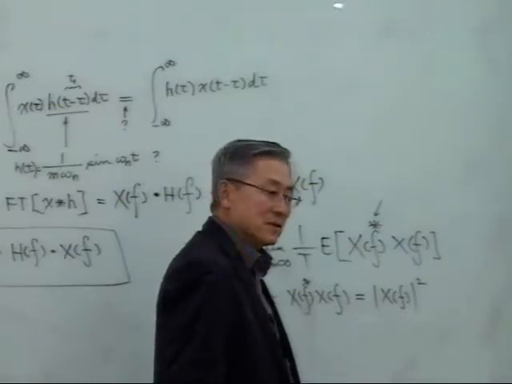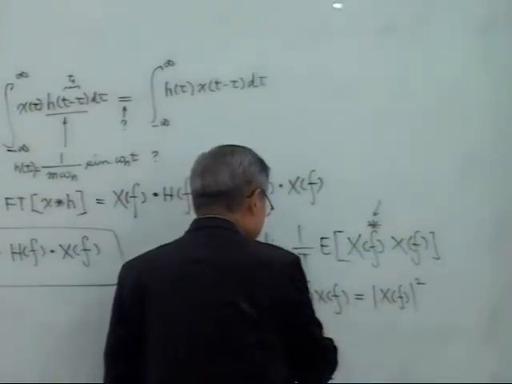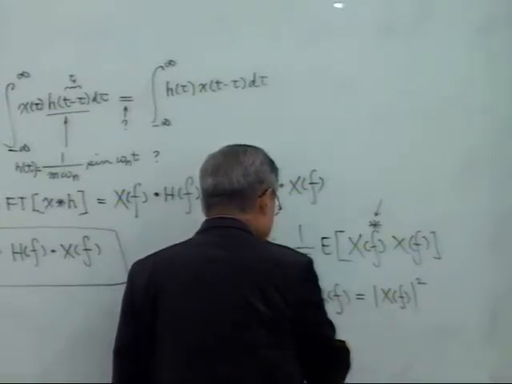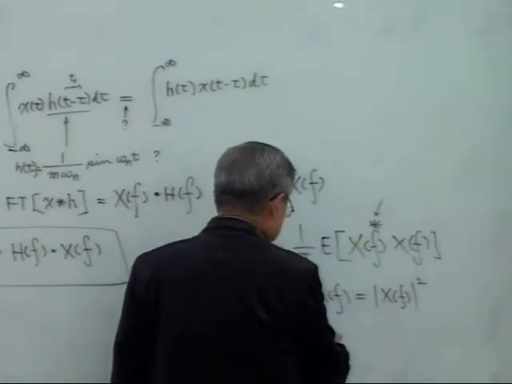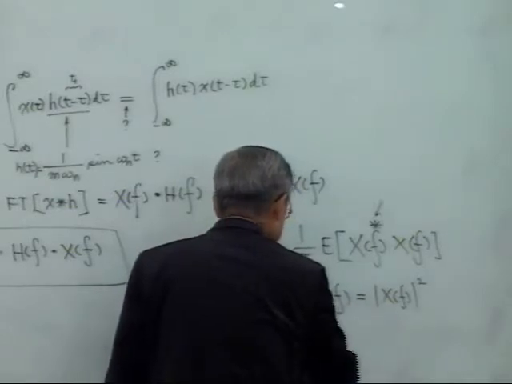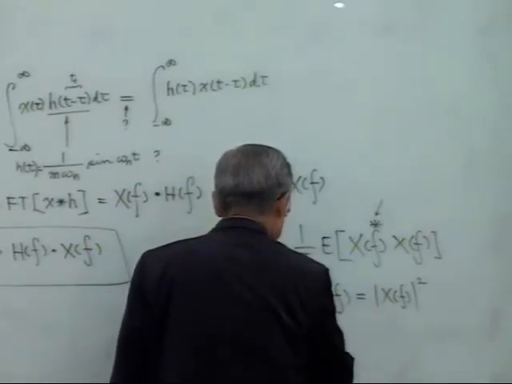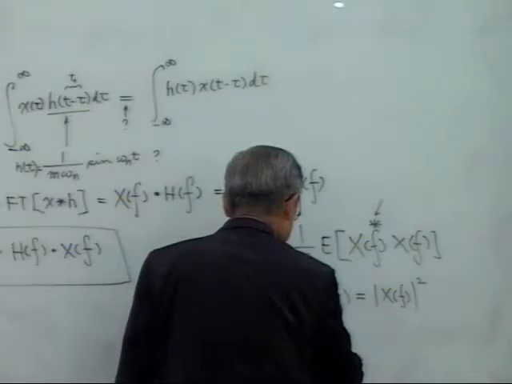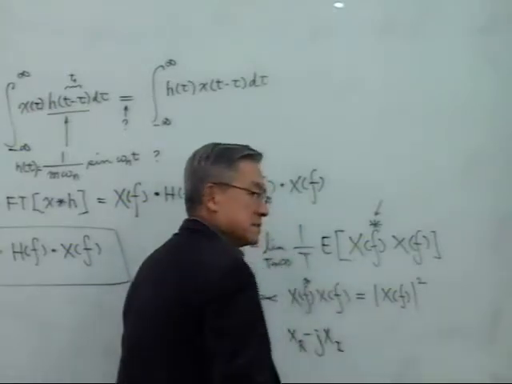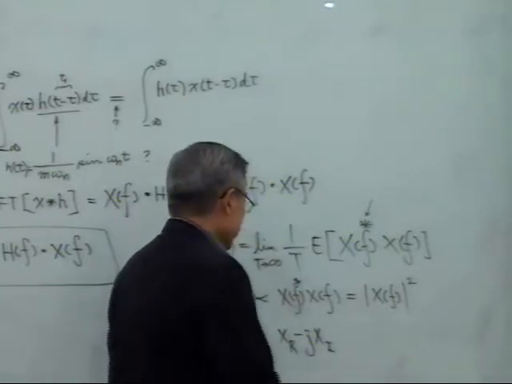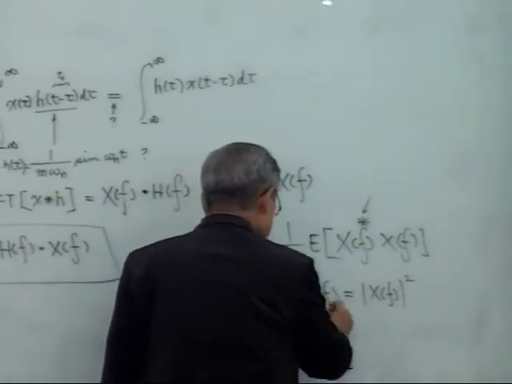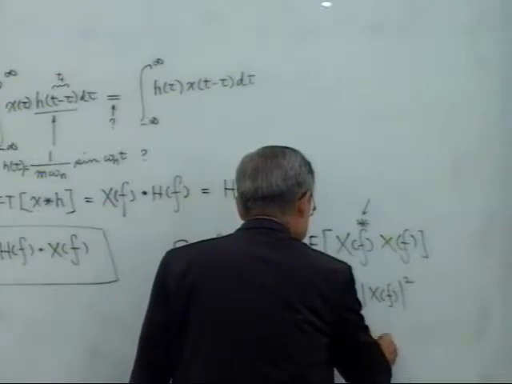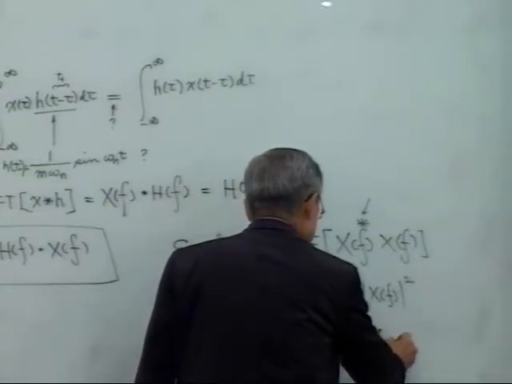This conjugate is like x real minus j x imaginary, because it's a conjugate, and this guy is xr plus j x imaginary.